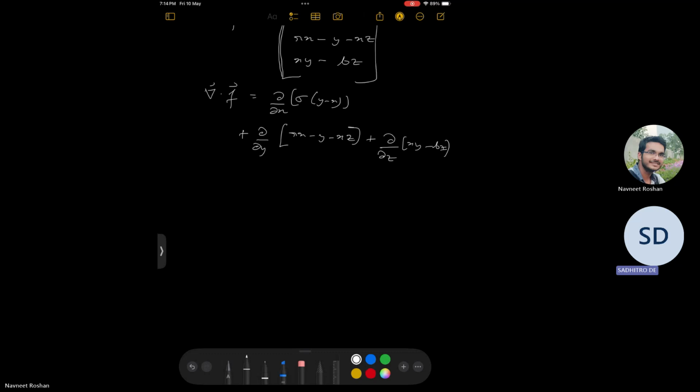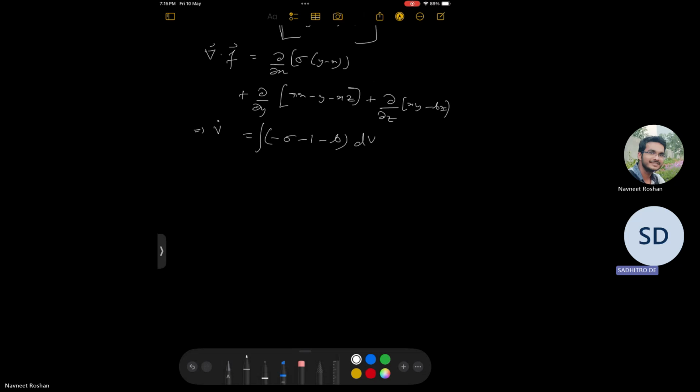And if you solve this, it basically becomes minus sigma minus 1 minus b. So then V dot is basically the integral of this quantity over the volume V. This is a constant which is independent of the volume. Therefore, dV/dt is nothing but minus sigma plus 1 plus b, into V.